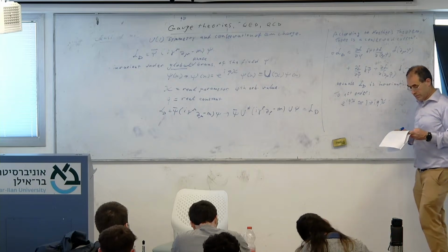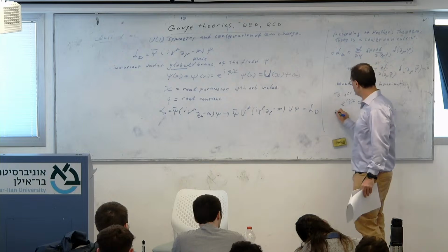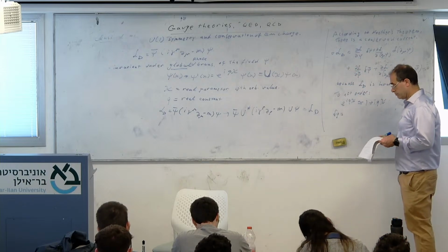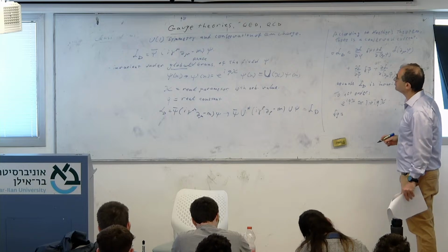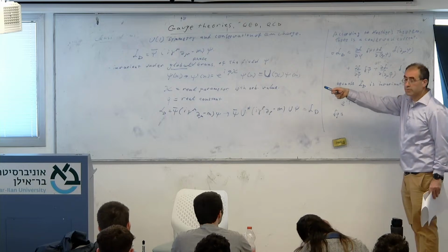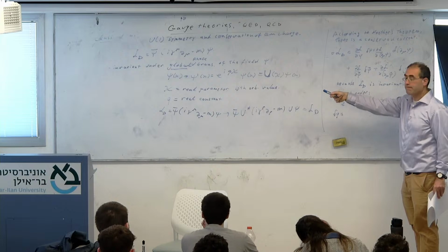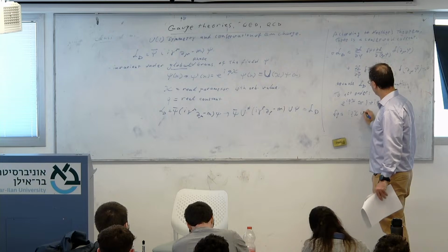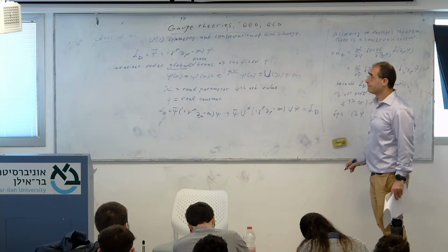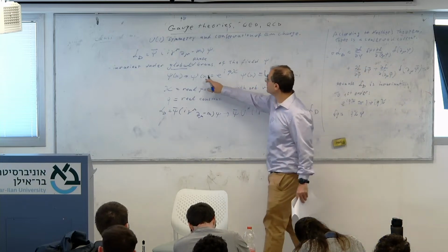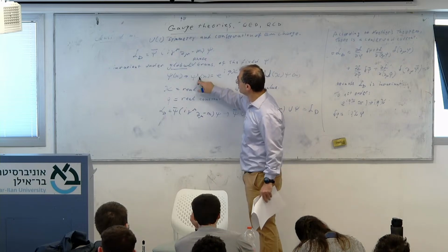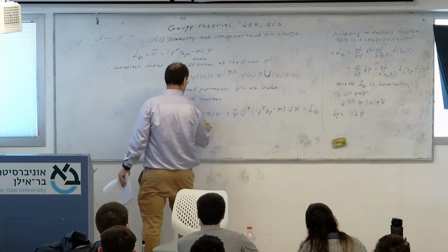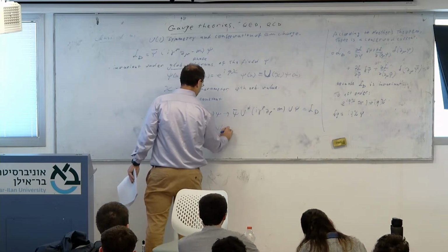Right? So what is delta psi? What is delta psi? i q chi psi. Right? This is delta psi. Delta psi is psi prime minus psi.